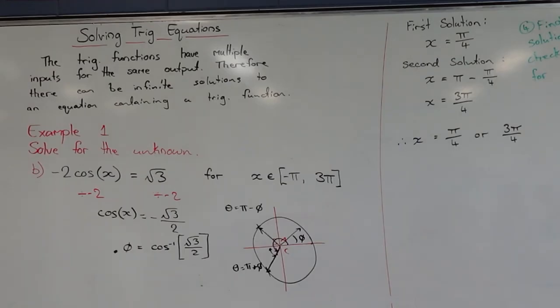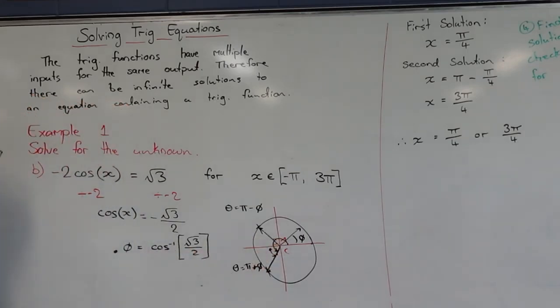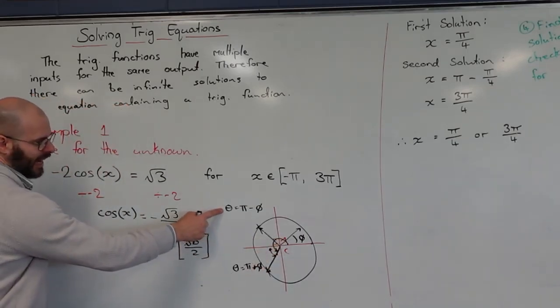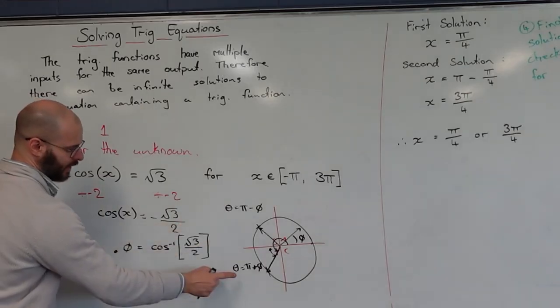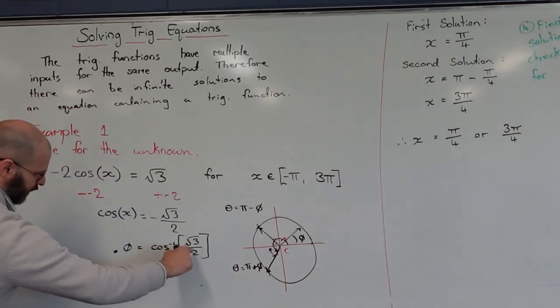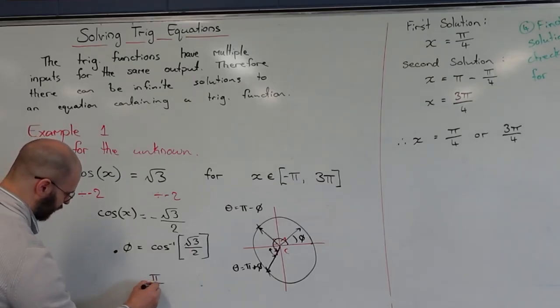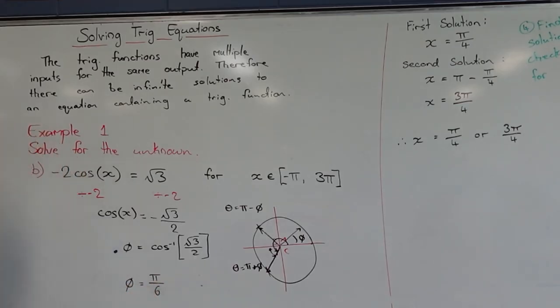We do the same here. We just pretend. This gives us the would-be interior angle for quadrant 1, which allows us to discover the actual result for here and here in quadrants 2 and 3. So the inverse cosine of root 3 on 2 is going to be pi on 3 radians. No, pi on 6 radians. Is that correct?